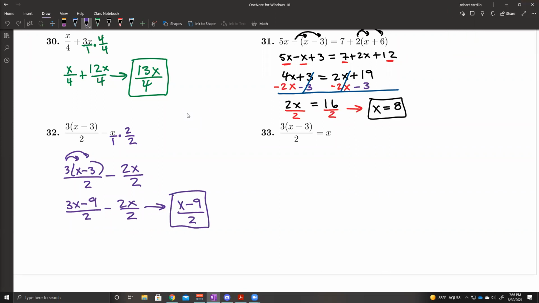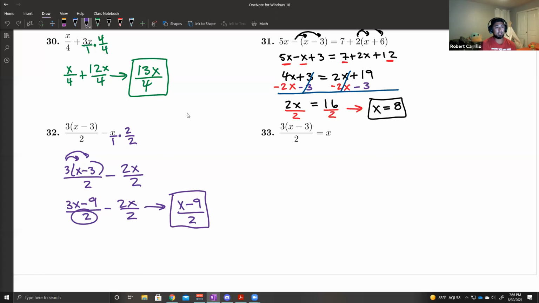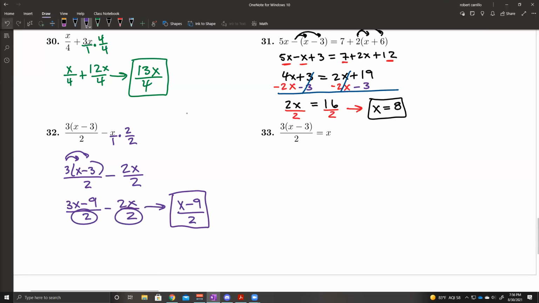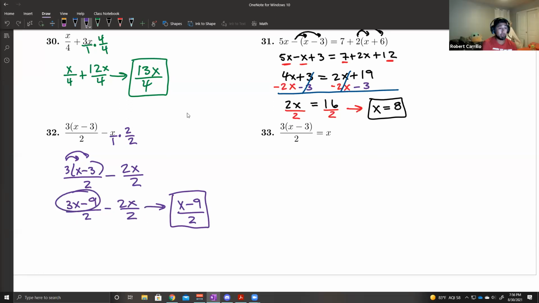How did you get that? How do we get the final answer? We see they have the same denominator, right? That means you can put the numerators together. So if I did one more step, I would rewrite this as 3x minus 9 minus 2x over 2.